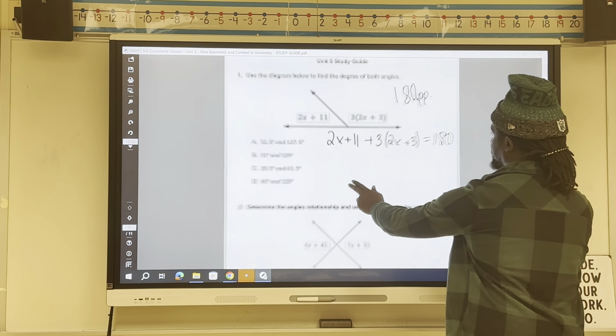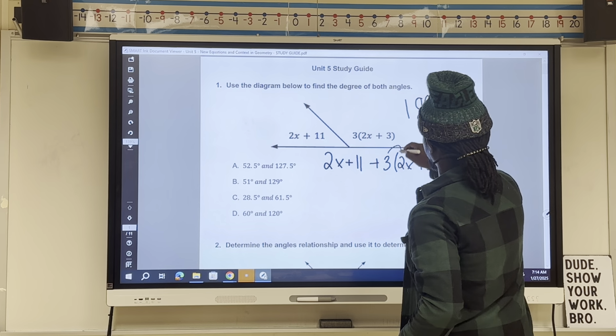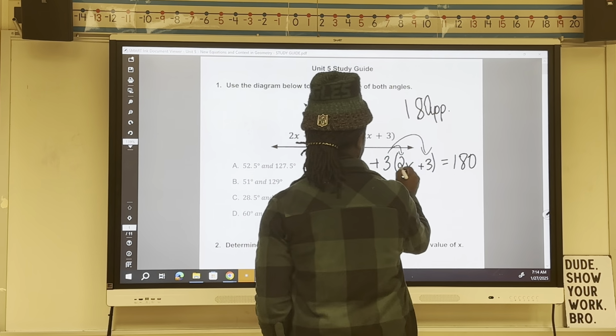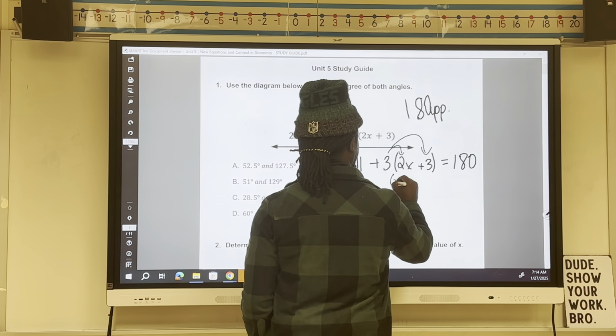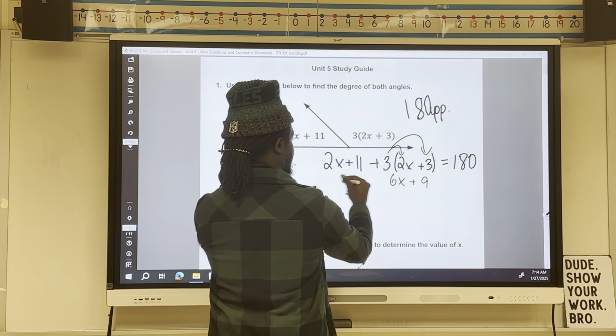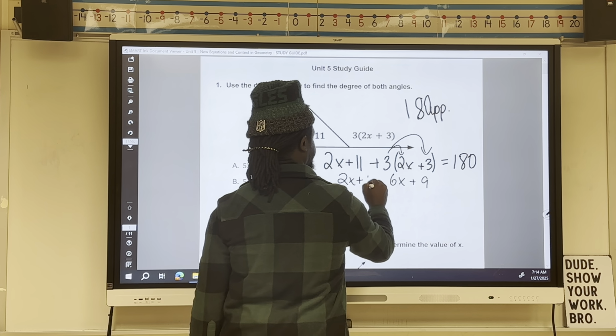To solve that, I'm going to distribute the 3 to both of the terms inside. So 3 times 2x gives me 6x, and 3 times 3 gives me 9. Then I'm just going to bring everything else down.